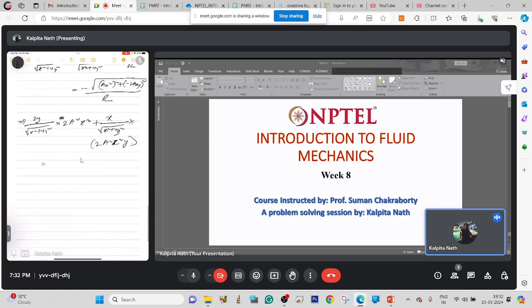So this will be equal to minus root over a square x to the power 4 plus 4a square x square y square upon r. So that will be equal to minus ax root over x square plus 4y square upon r.